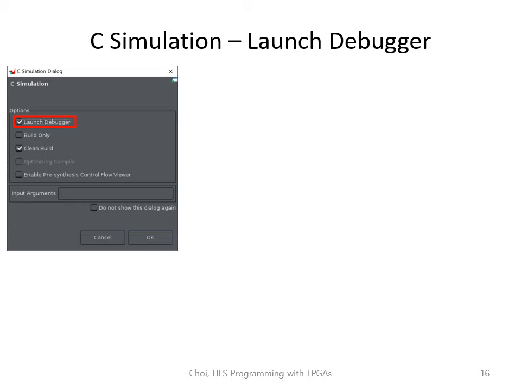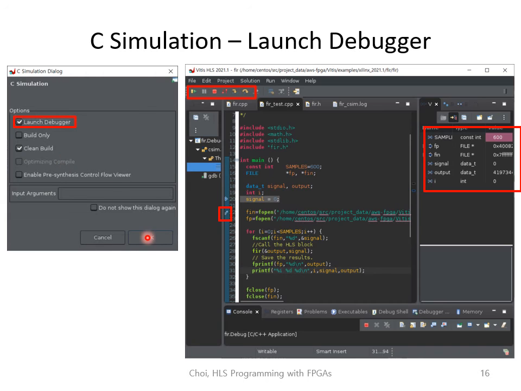But even if you fix all the syntax errors, it is possible that there are still some problems in your code. In this case, you can use the Vitis HLS Debugger to isolate the issue. To do so, please click on the Launch Debugger option when you run the C simulation. When you click on OK, you get the debugging window. The interface should be similar to existing debuggers.